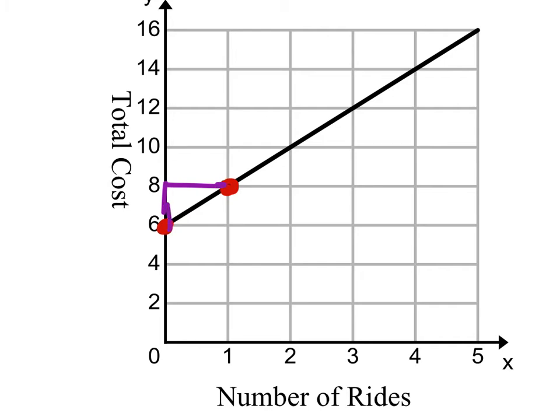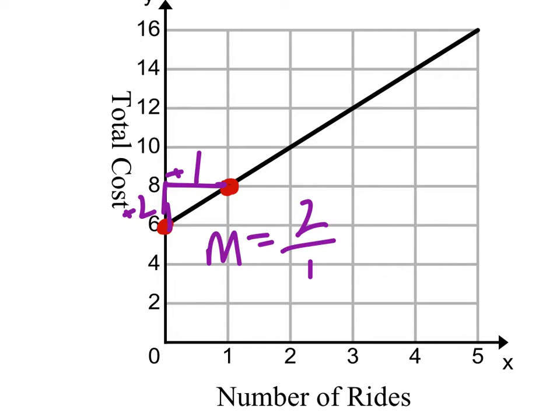Like this? Yeah, okay, good. From 6 to 8, we went up 2 and then to the right 3. So that gives us a slope of up 2 and to the right 3. Look, I don't know why I said 3. Yes, 1, thank you, that's much better.